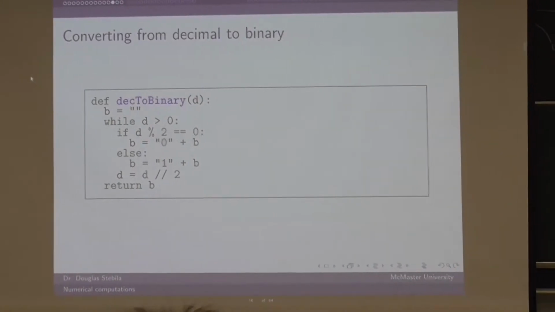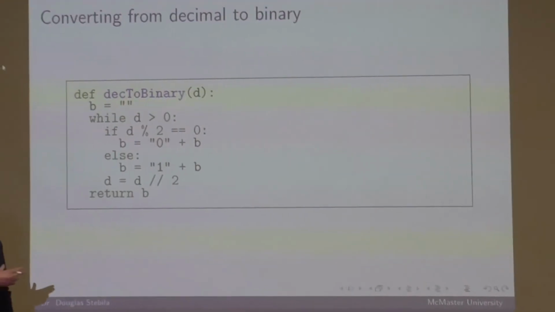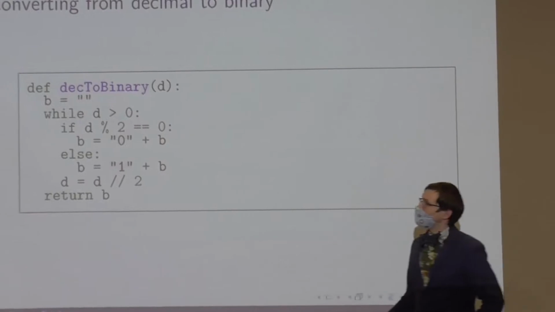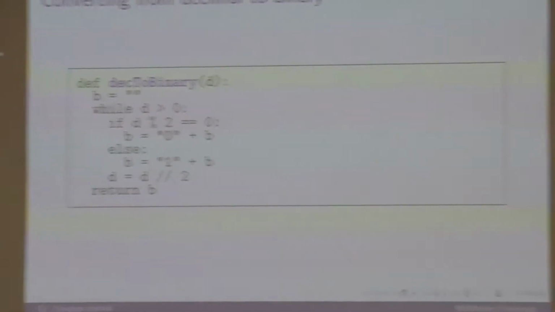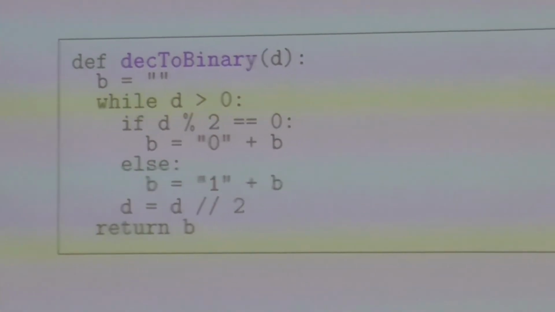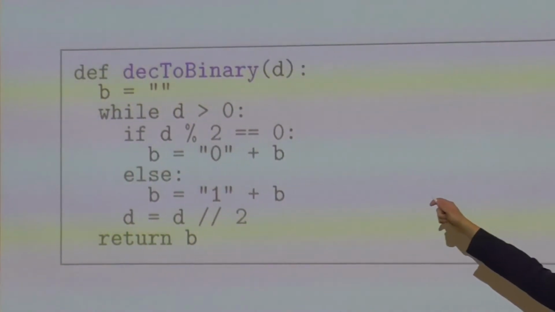So if we wanted to encode this in another Python function, this is how we might do it. Again, remember, with binary numbers, the output here is going to be a string for reasons which are unbeknownst to mere mortals. So we initialize our string as an empty string.